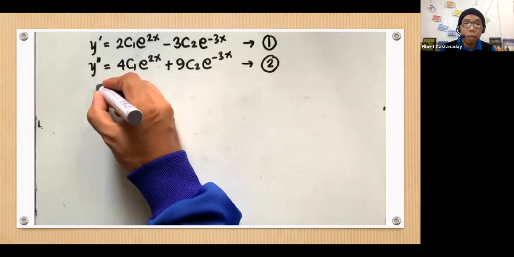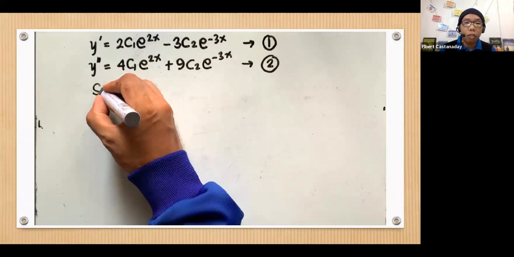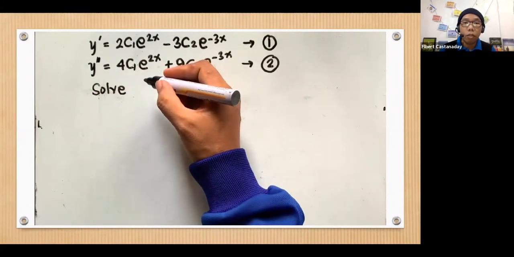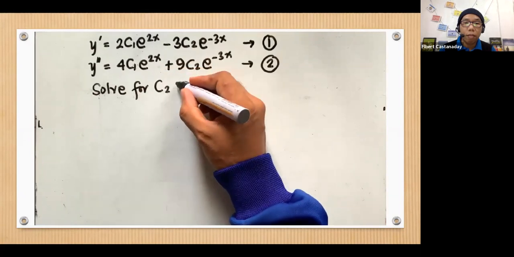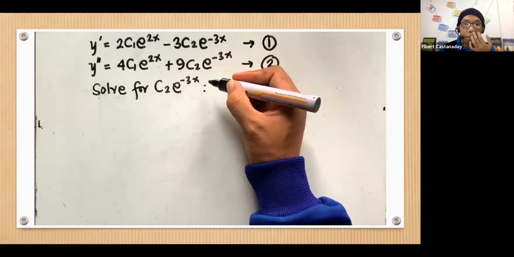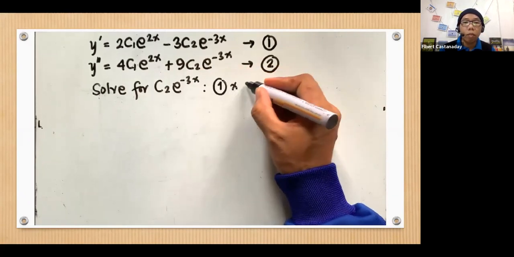Now the next step is, as you can see here, I have written again the two equations for you to have a reference for the next step, and that is to solve for c sub 2 e raised to minus 3x. So it means that we are to eliminate c sub 1 here.